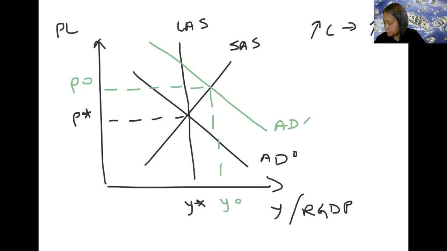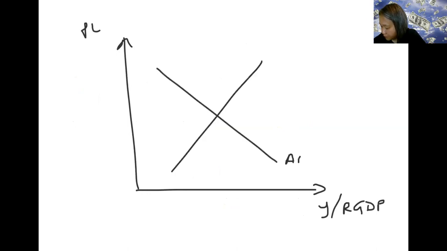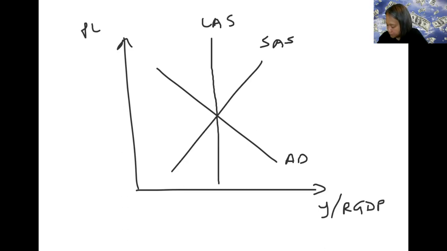Now let's go through our cost push inflation. Once again, let's start off with our long run equilibrium. So we have our AD, short run supply curve, long run supply curve, Y star, P star.